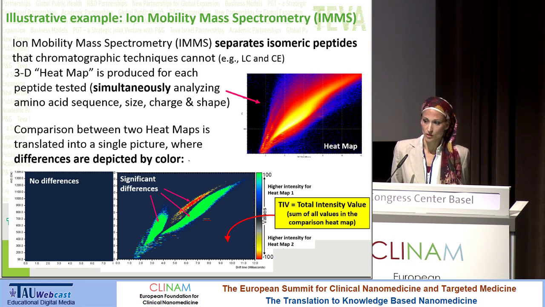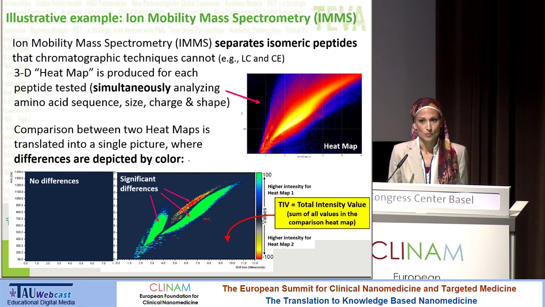So on the bottom left is a comparison heat map of two compounds that are absolutely 100% identical. And you see no differences, no color, it's all black. On the bottom right, you see significant differences between the two compounds depicted by bright colors. The brighter the green or the red, the more differences, and these colors represent directionality.